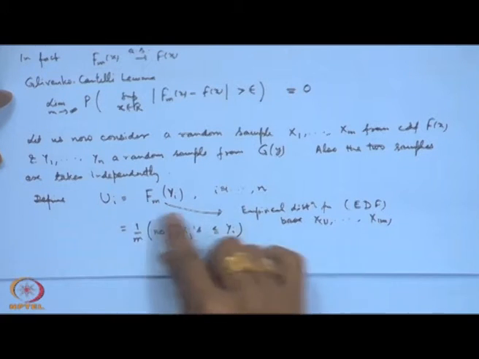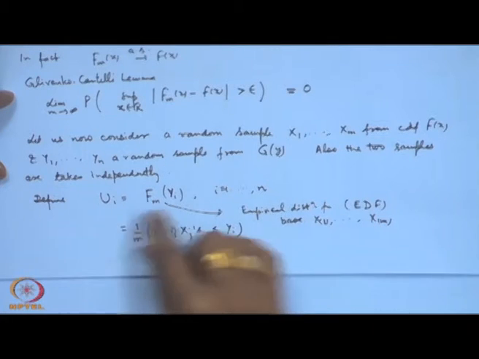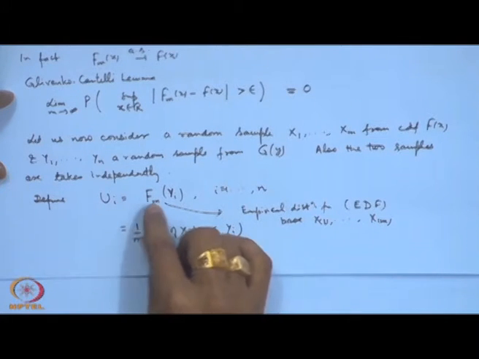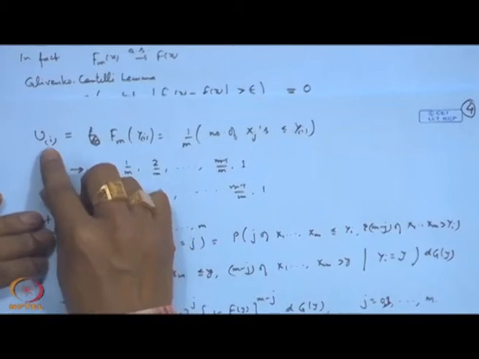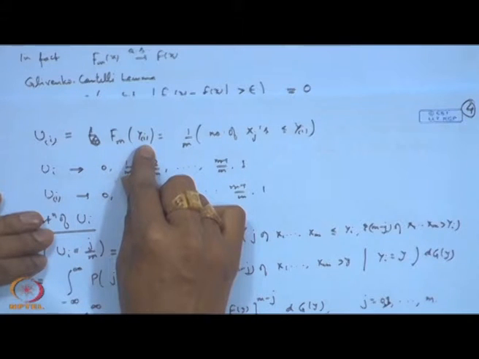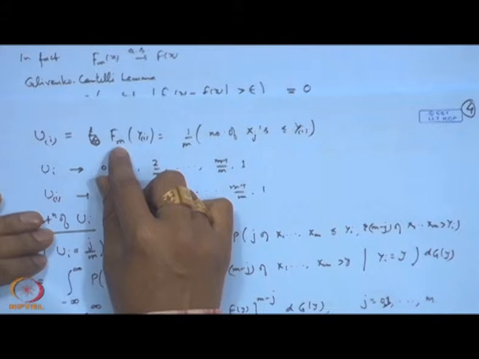Then, based on the empirical distribution function of the first sample, we define u I is equal to f m of y I, and similarly we define u bracket I is equal to f m of y of bracketed I. Here again f m is the empirical distribution function of the first sample.